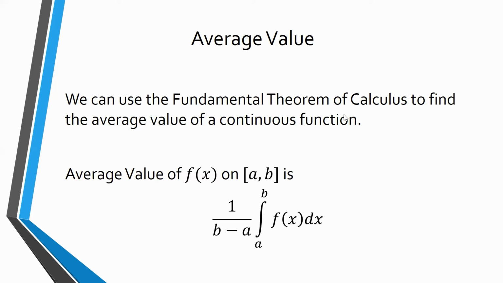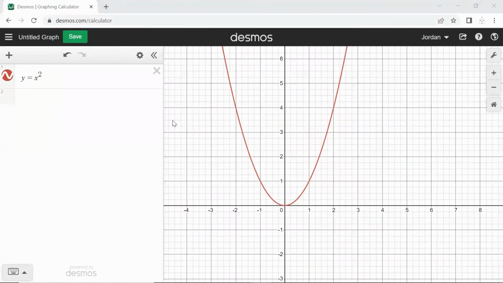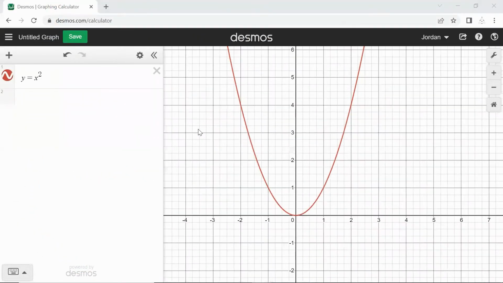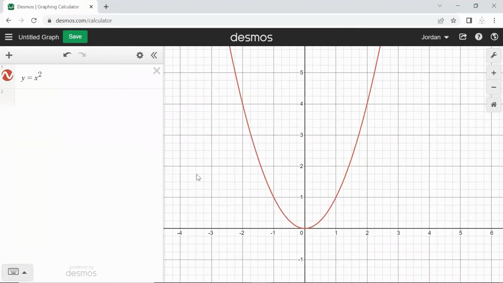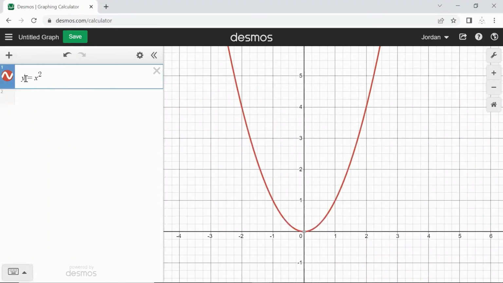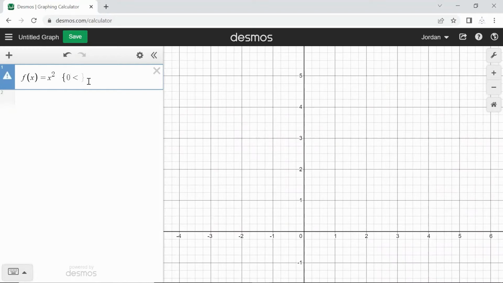Let's look at this visually. We take a nice, easy to deal with function like y equals x squared. In fact, let me write this as f of x equals x squared. If I want to find the average value of that function, let's say we want to find the average value between 0 and 2, I can't simply plug in the 0 point and then plug in the 2 point.